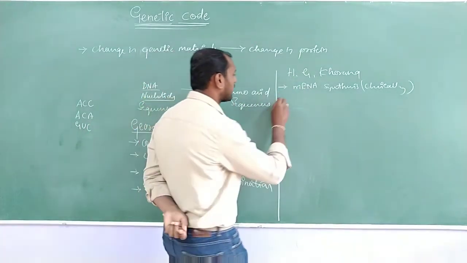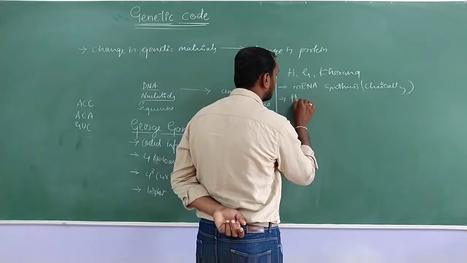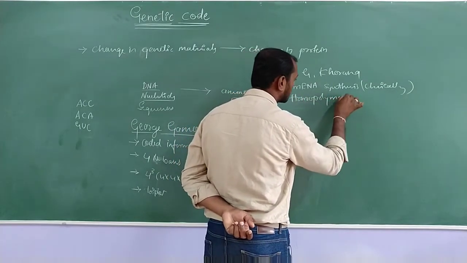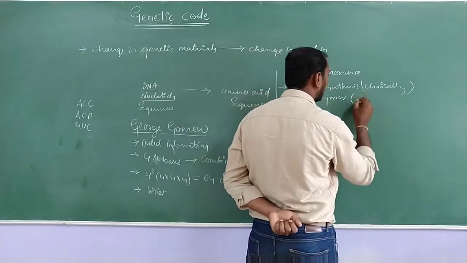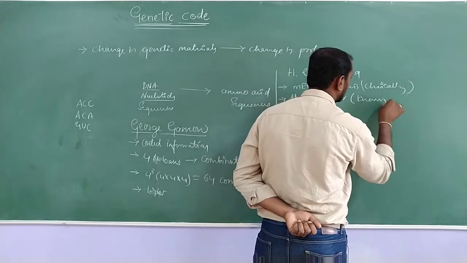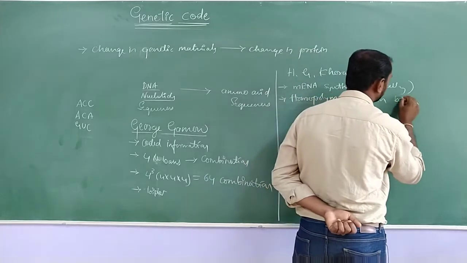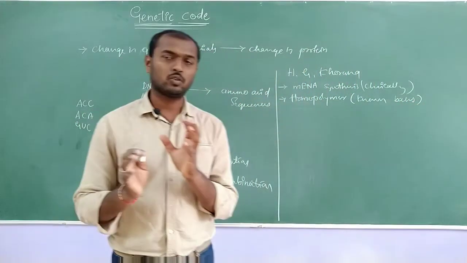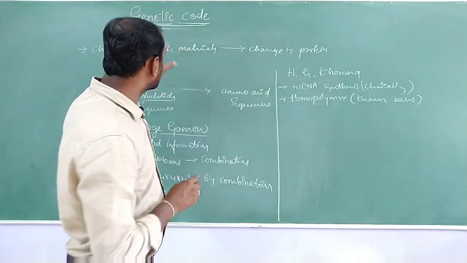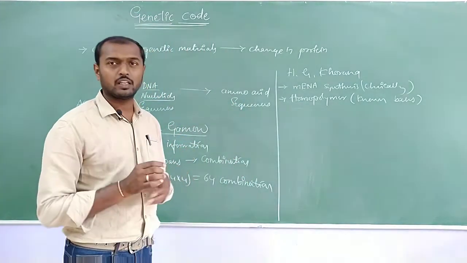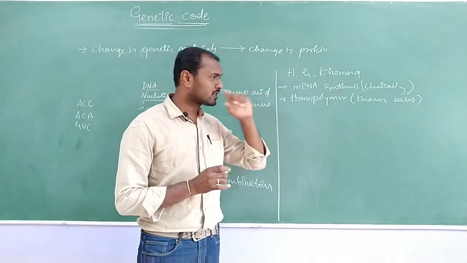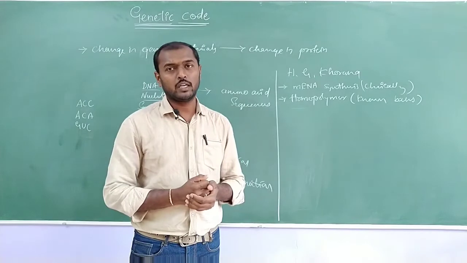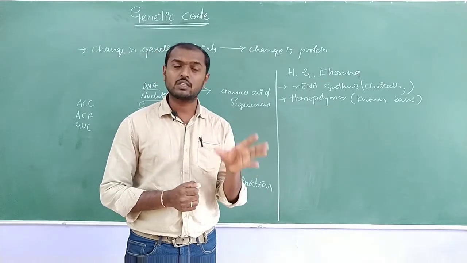This mRNA is actually a homopolymer, made up of known bases. He prepared an mRNA. To explain that the genetic code exists, he synthesized the mRNA. After synthesizing, we come to know that the mRNA he synthesized is a homopolymer.